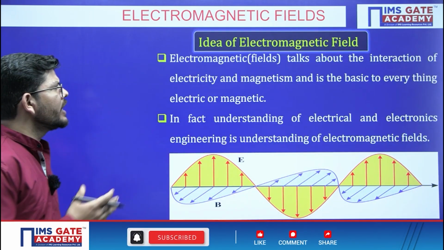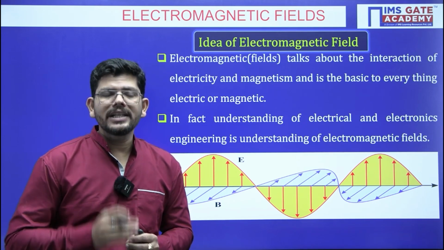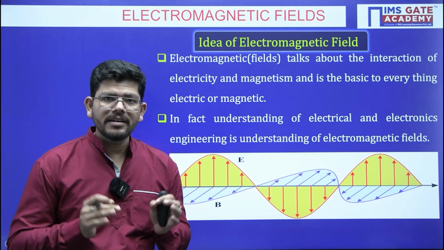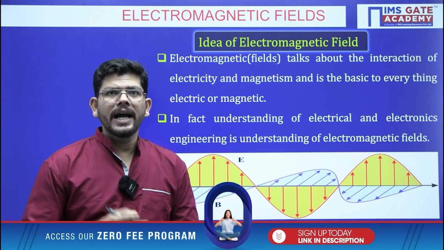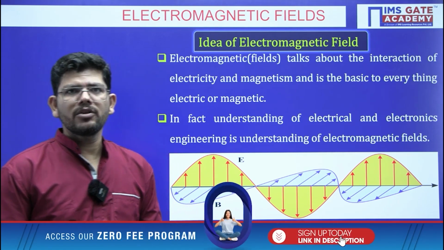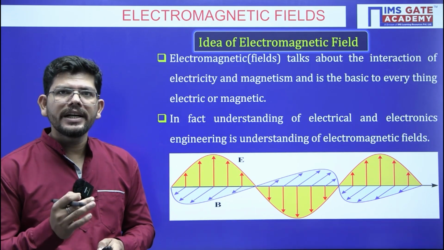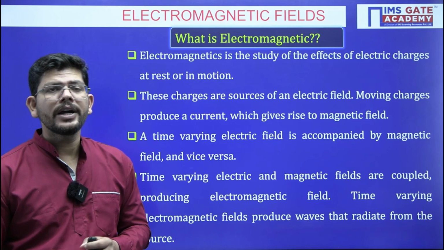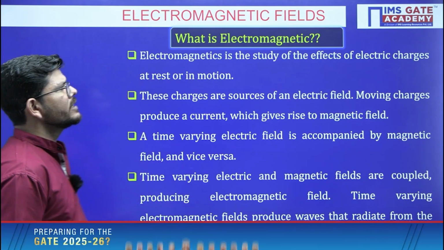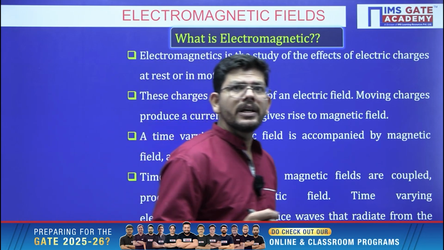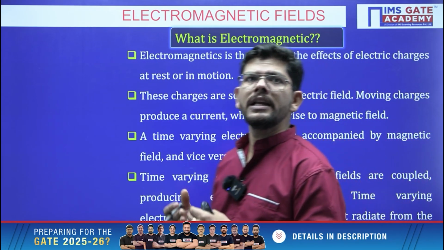Electromagnetic fields basically talk about the interaction of electricity and magnetism, and it is the basis of everything which is electric or magnetic. Specifically, if you are from an electrical or electronics background, understanding electrical and electronics is nothing but understanding electromagnetic fields. Particularly, electromagnetics is basically the study of the effect of electric charges which are at rest or in motion.